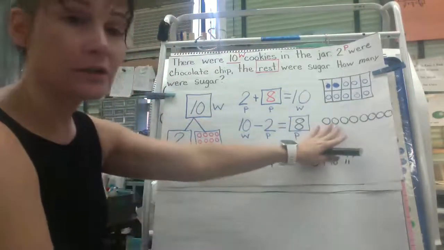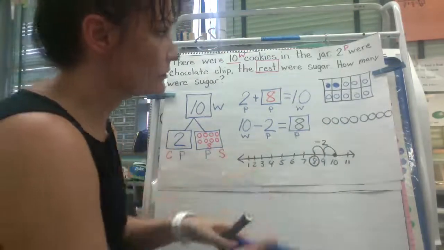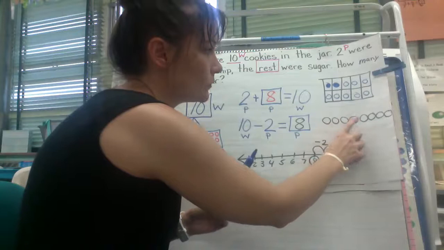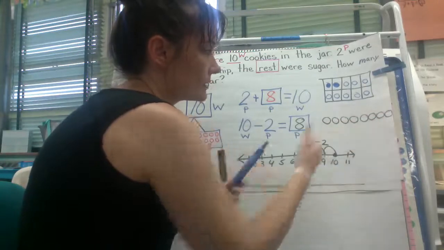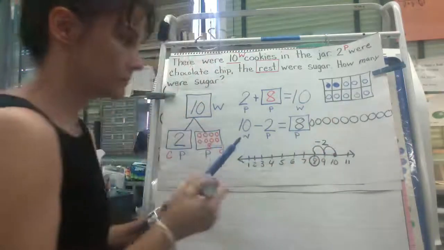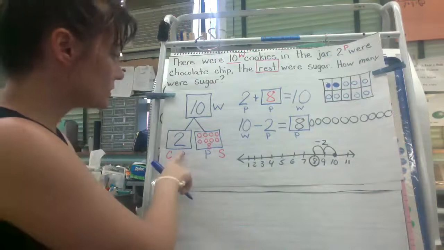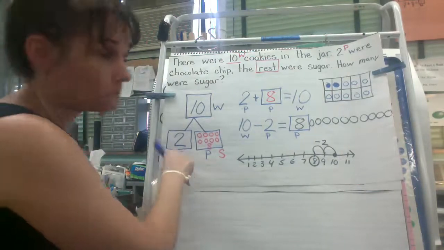I saw someone use their counters. I had 1, 2, 3, 4, 5, 6, 7, 8, 9, 10. Those are my cookies. I know that 2 are chocolate chip.